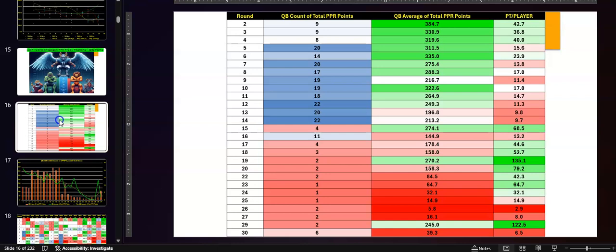You can see right away, look at round 4, round 5, 40 points, 15 points. It gets real about round 5, 6, 7, 8, 9, all the way to 14. Look at the decline. Look at the decay rate.